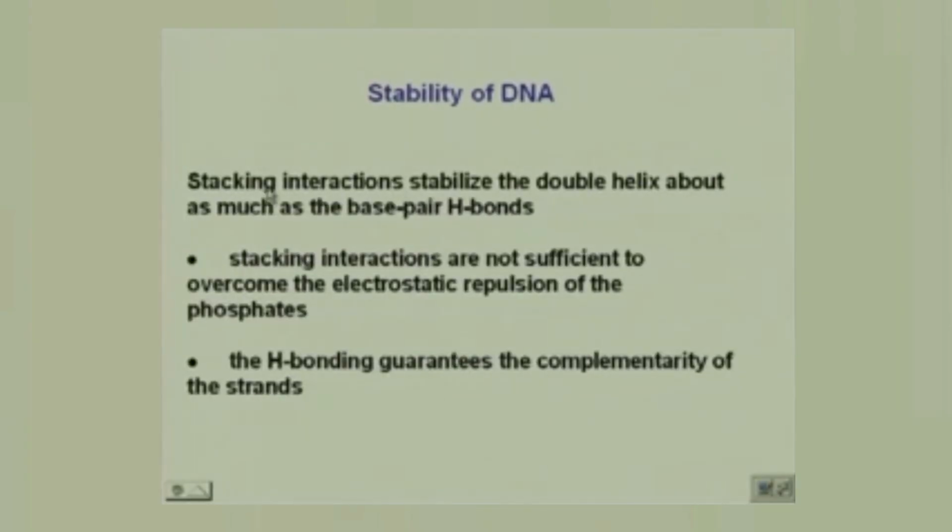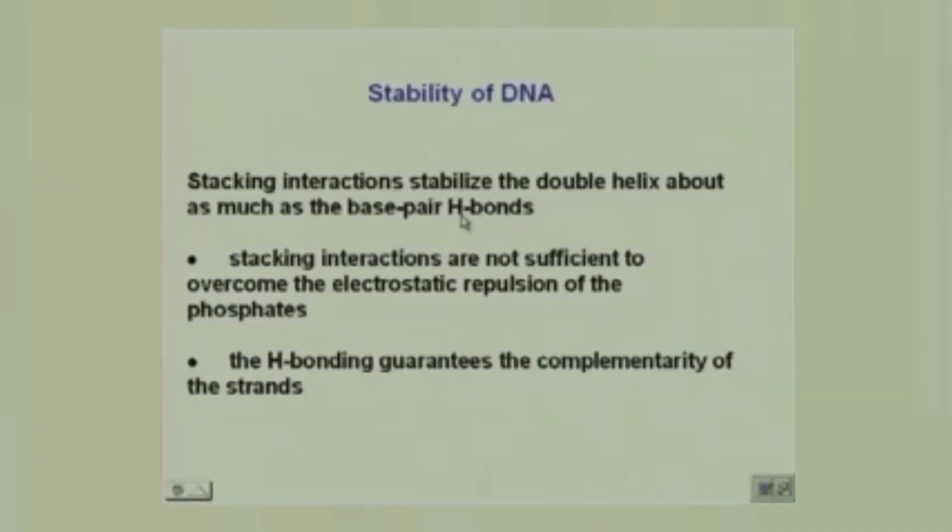The stacking interactions stabilize the double helix probably as much as the base pair hydrogen bonds, because what do we have in those cases? We have a pi-pi interaction, and we have a series of such pi-pi interactions.